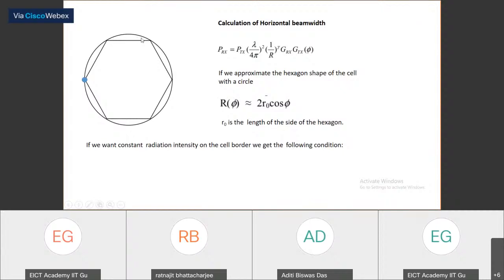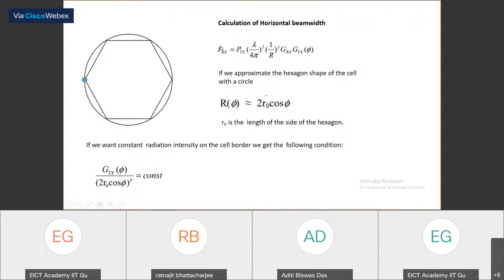And if we want constant radiation intensity, because if we can maintain at least constant radiation intensity over the cell border, then we get the following condition: Gtx, because Grx we are assuming constant, lambda by 4 pi is decided by the operating frequency. We are transmitting some amount of power and we are receiving this power.